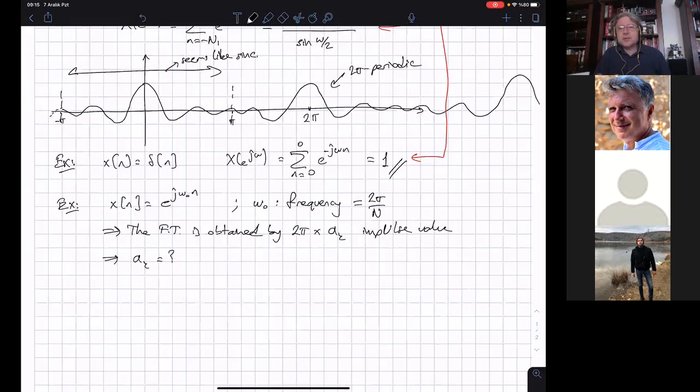The Fourier series coefficients need to be found of this discrete time signal. Now, this discrete time signal only has one harmonic. Sometimes students get confused when they see this kind of an expression.